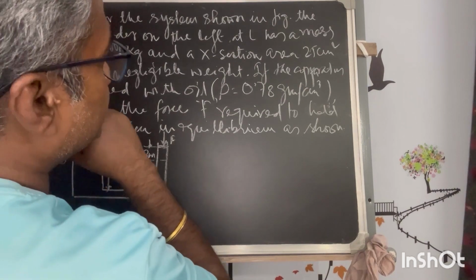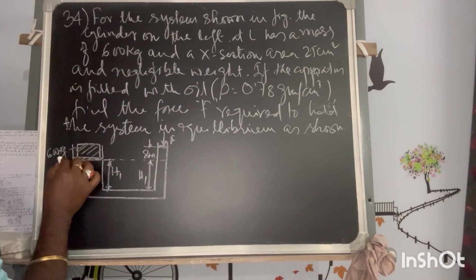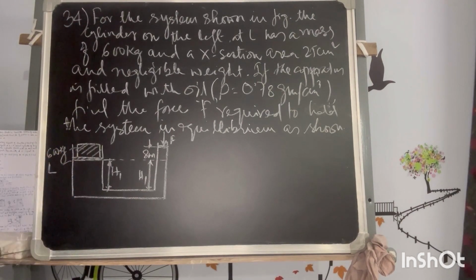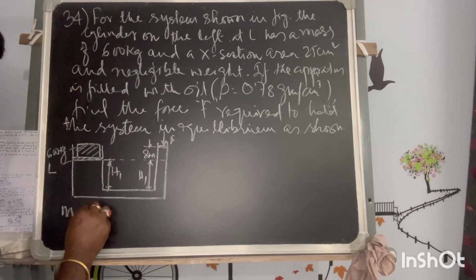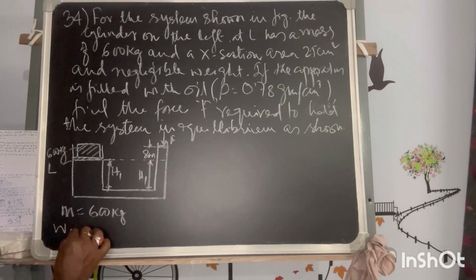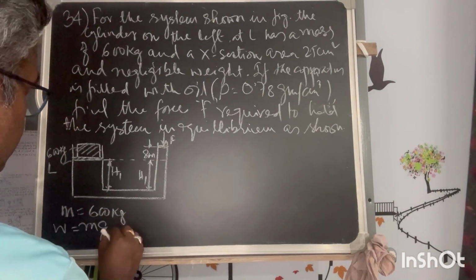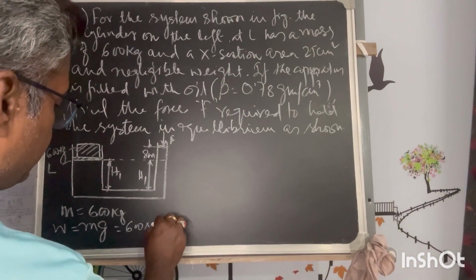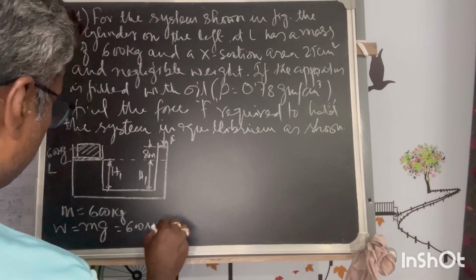Let this point be marked as L; this horizontal line is taken as L. The mass is 600 kg, so the weight is equal to mass into acceleration. This is in kg, so if I take acceleration in SI, this will be 600 into 10, in Newton.